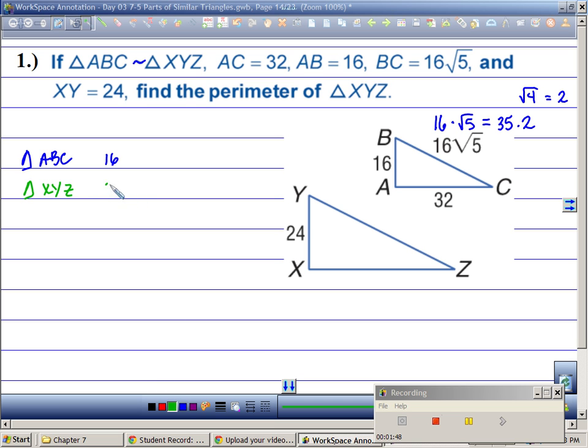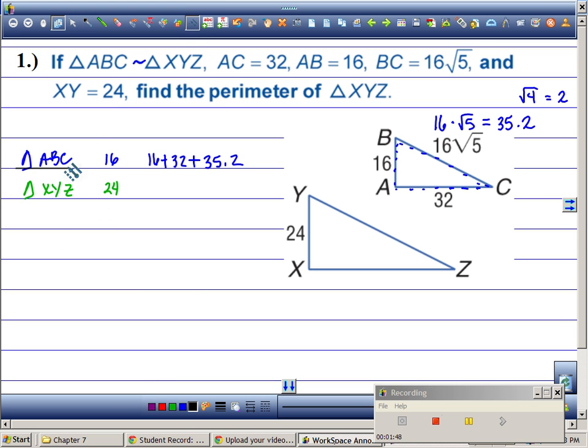Which is 24. So we know this, right? And we're going to compare it to walking around ABC. As I walk around ABC, I get 16 plus 32 plus 35 and 2/10.